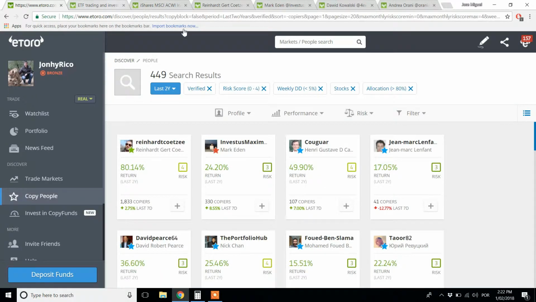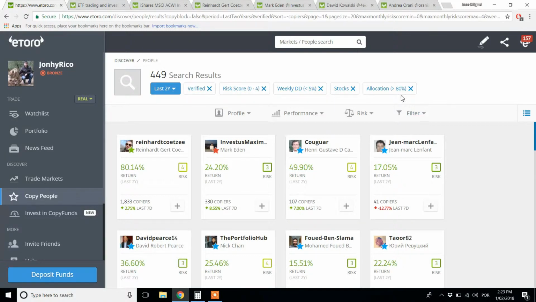Then I would look at a few traders to put smaller chunks of my wallet. What I did here, and you can have a look, I looked for traders that were trading for the last 2 years. They were verified, with low risk scores of a maximum of 4 on the risk score chart, and relatively low weekly drawdowns.